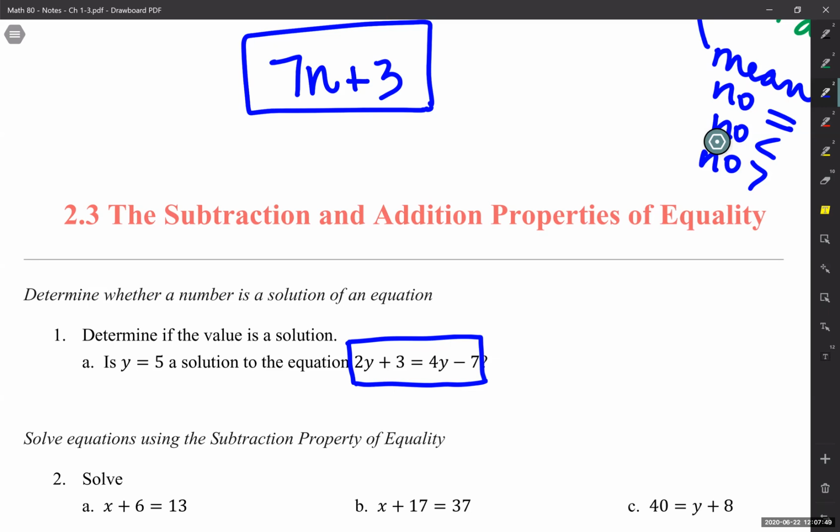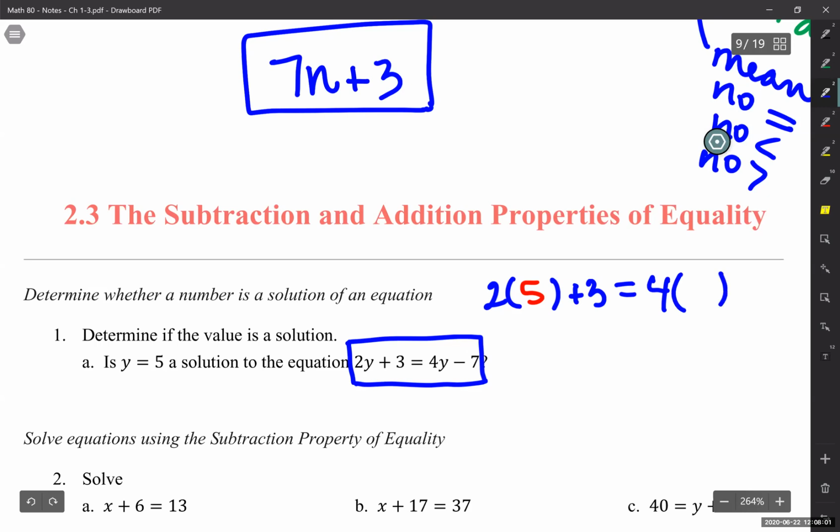So what we want to do is take our equation, and every time there's a y, I'm going to type a 5 instead. We've done this already with expressions. Now the only difference is we just have 2 sides. So again, every time I see a y, I'm going to type a 5. And I'm going to think about this as 2 expressions. So I'm going to look at the left side and do the order of operations. 2 times 5 is 10, plus 3 is 13.